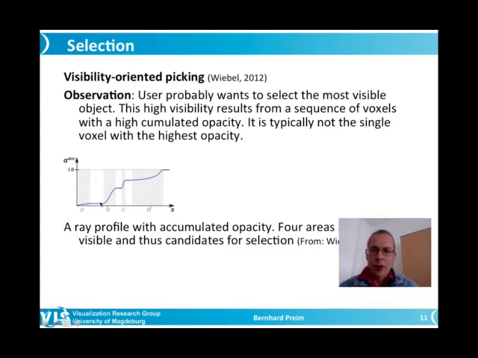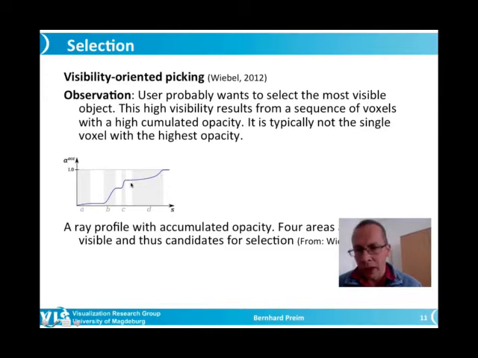This analysis relates to a ray profile, that is the picking ray starting at the point where the ray enters an object, and then cumulative opacity is analyzed. You see this object here, object B, that has the highest increase in opacity, so that would be the object that is selected.